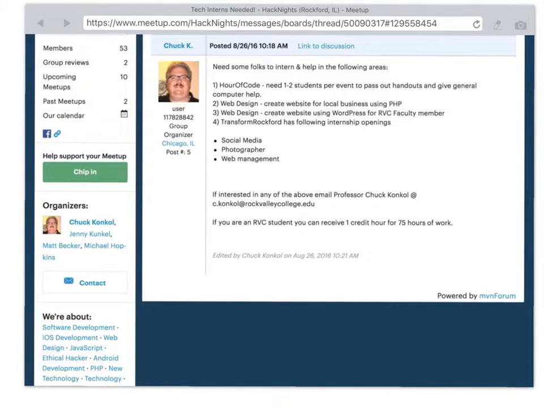All you do is basically pass out handouts, walk around, and help people, and there are ages from 6 years old to 70 years old in there. It looks like it's September 24th. And the last one we had in August, we had a CIS student come help. So it's an easy breezy one.